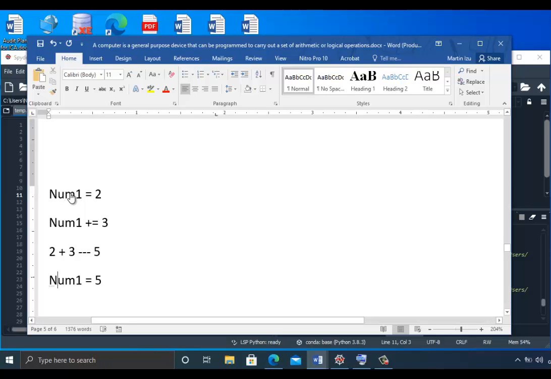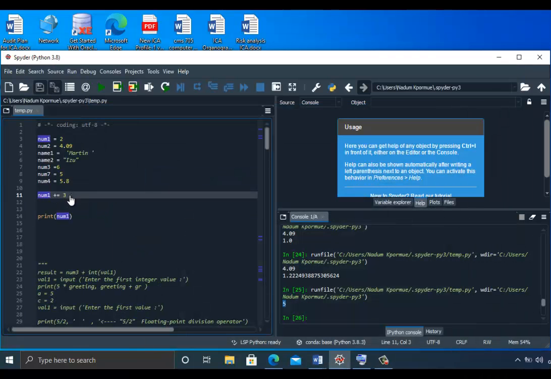That is to say, the old value will now be erased completely. num1 will now carry the new result of the evaluation of 3 plus 2, which will give us what? 5. That is what this expression, this compound operator, is all about.